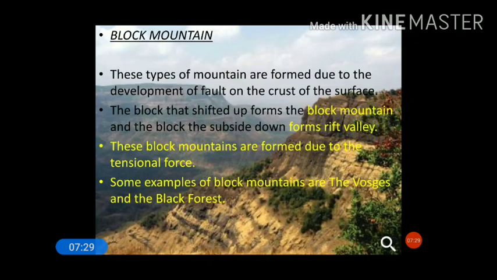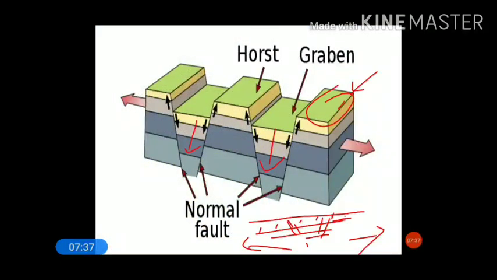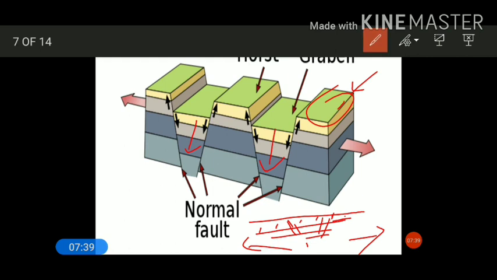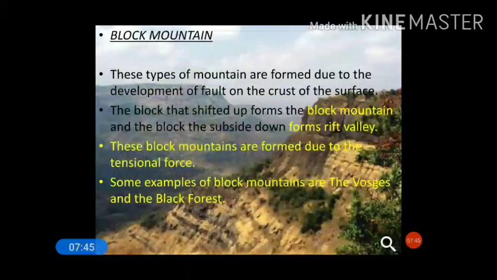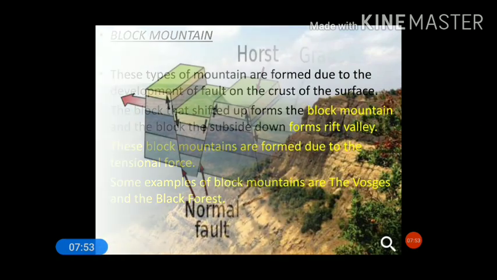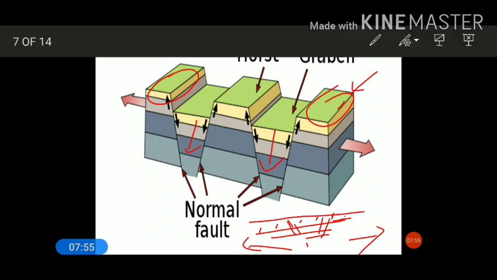Now you see here, the block that shifted up forms the block mountain. Look at this image. The block which has shifted upward is known as a block mountain, and the block that subsides down forms the rift valley.